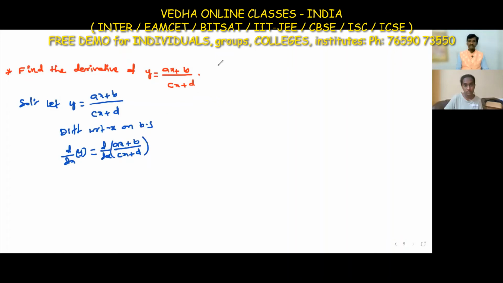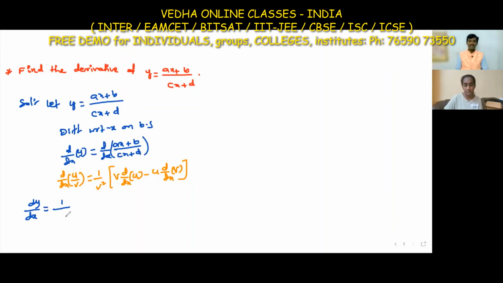Now I am taking the u by v formula. d by dx of u by v is equal to, what is the formula? 1 by v square into v outside d by dx of u minus u outside d by dx of v. So now dy by dx is equal to 1 by v square.